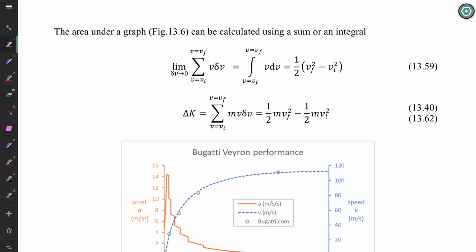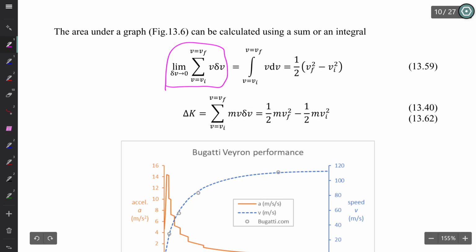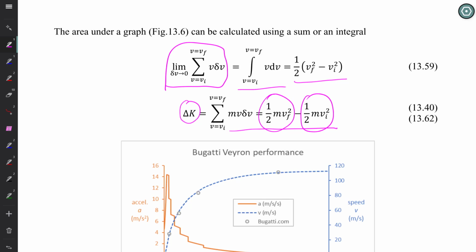Using that representation, students are able to see that the area is given by the sum, which for students with calculus can be converted into an integral, which evaluates as this, which can then show that the small change in kinetic energy is actually given by the difference in these two expressions, which derives the standard equation for kinetic energy.